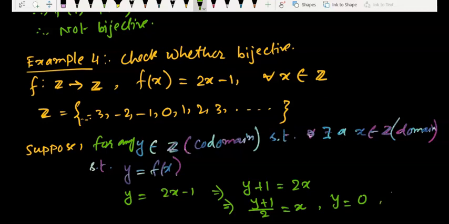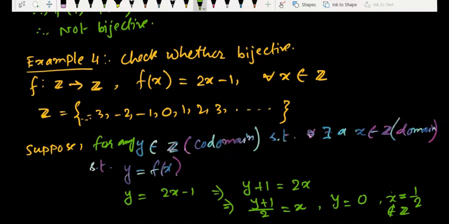So then what do you get? You get x equal to half. But is half an integer? Half is not an integer. So half doesn't belong to Z. So half doesn't belong to the domain. So what we get? For an integer y that belongs to the codomain, we don't have any x in the domain. That means we don't have any pre-image for the integer 0.